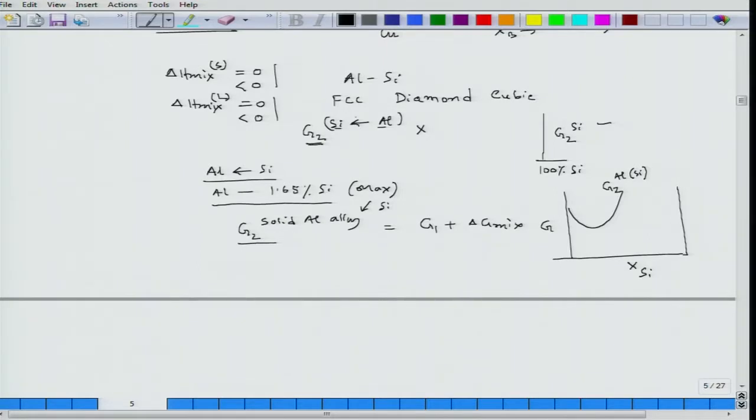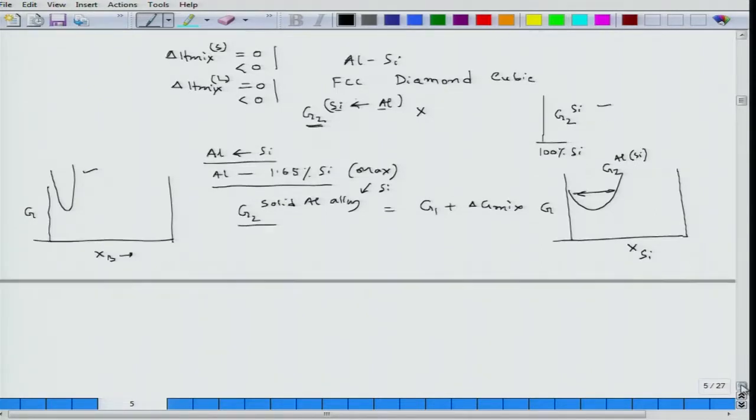And if it is an intermetallic compound, this gap would shrink further. Let us say we try to see a free energy G2 line for XB where some intermetallic forms, that time the free energy line would be very much like this. So, it cannot have very wide alloy formation or composition acceptance.